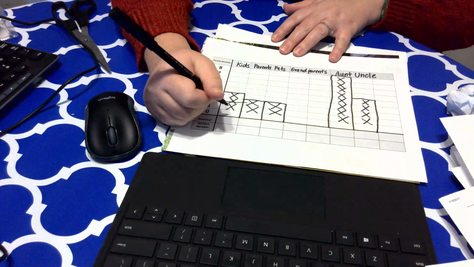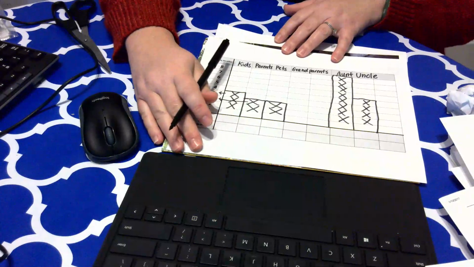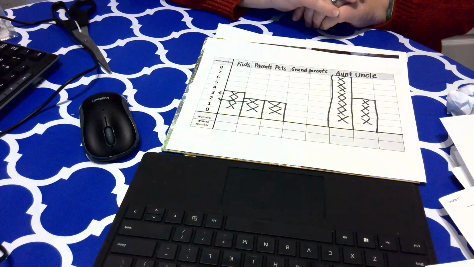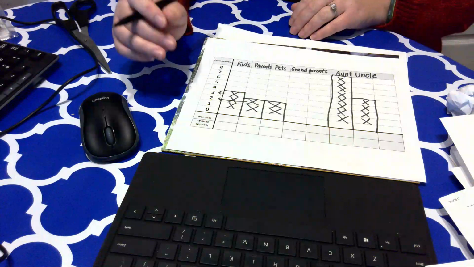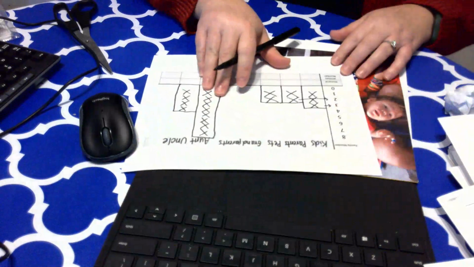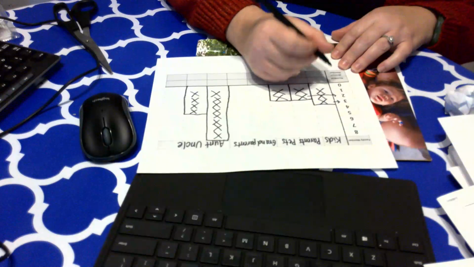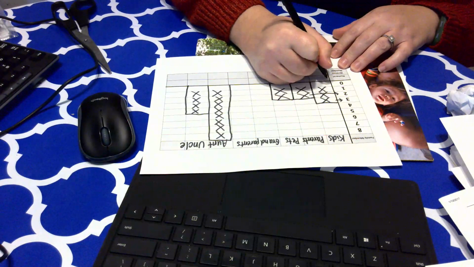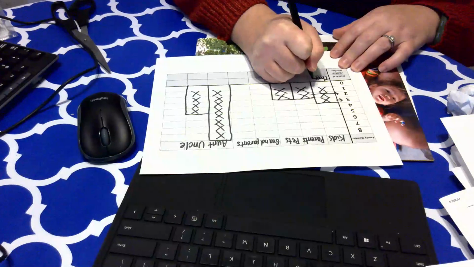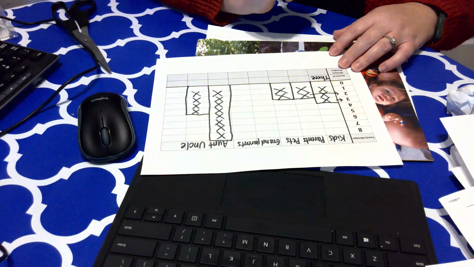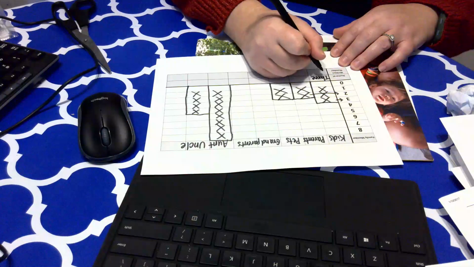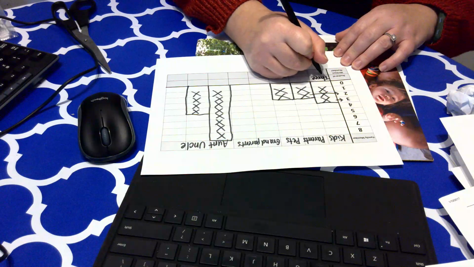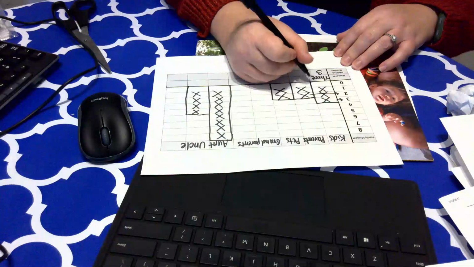Okay, and then I want you to go ahead and practice writing the number and the number name. Okay, so where it says numeral, you're going to write, for the first one, I would put 3. And you might have to have an adult help you write the number word, but try to practice writing it yourself if you can.